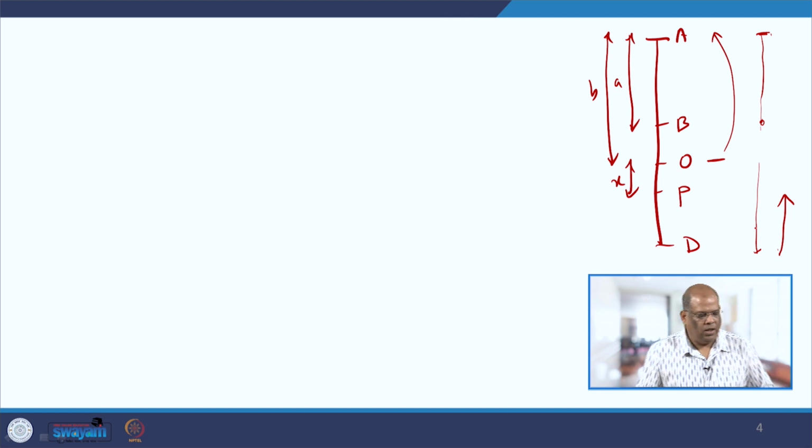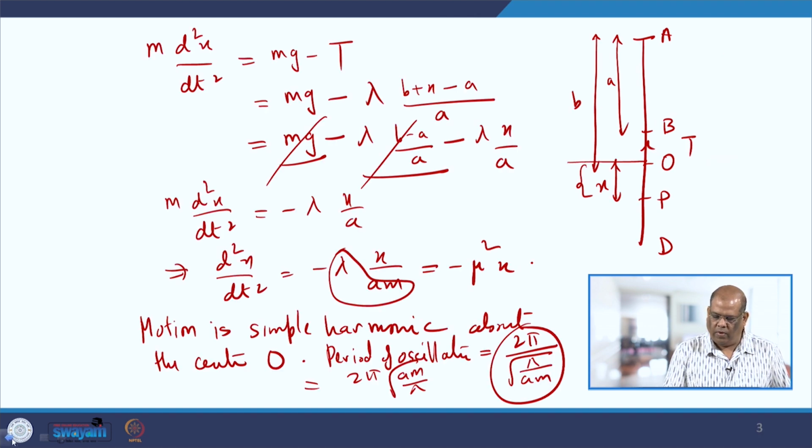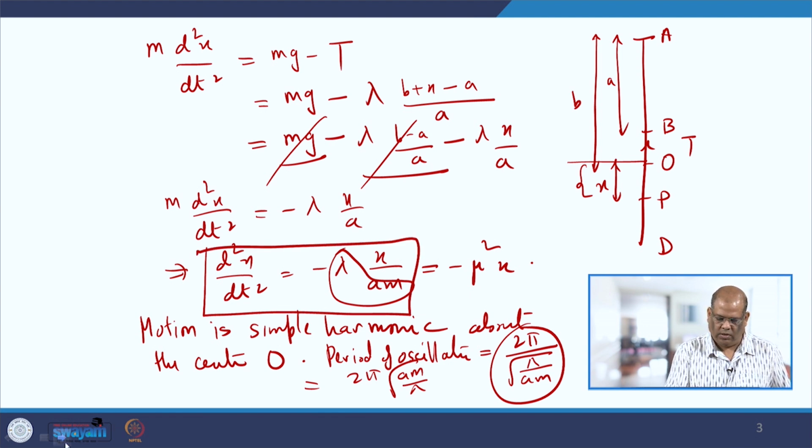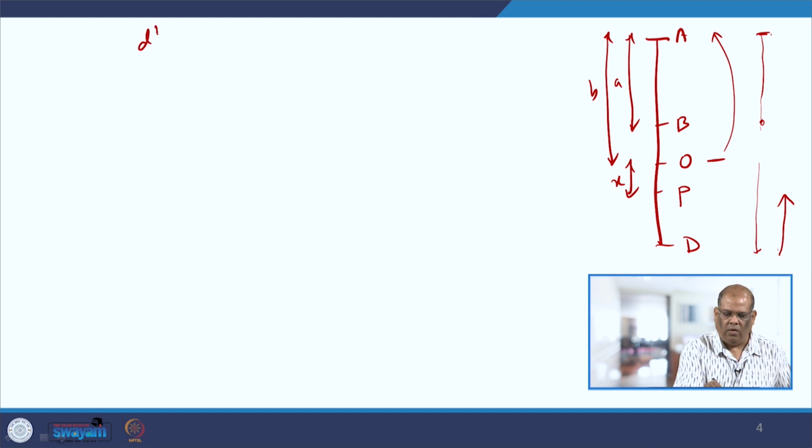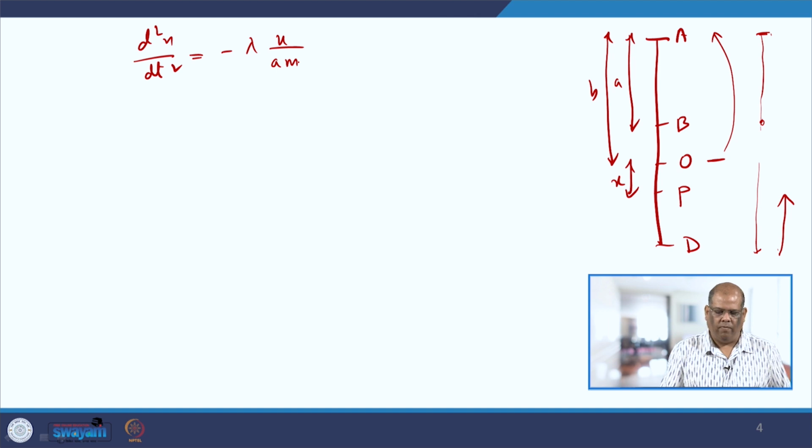So, to model this scenario, from this previous equation, this is your simplified equation of motion. So, if I put this, I will get d2x/dt² equal to minus lambda x by A m. Now, suppose I put, just for the sake of simplification, this lambda equal to 2 mg.